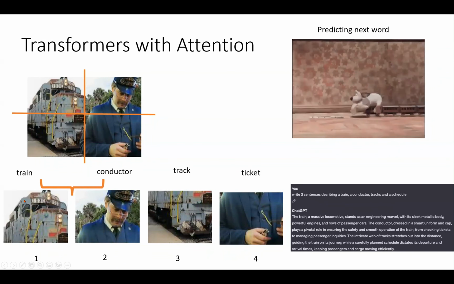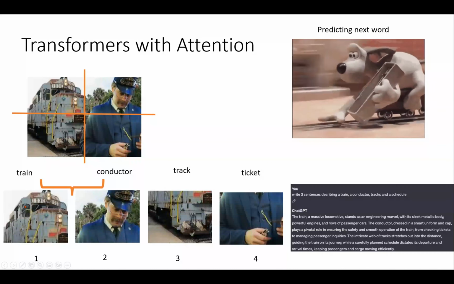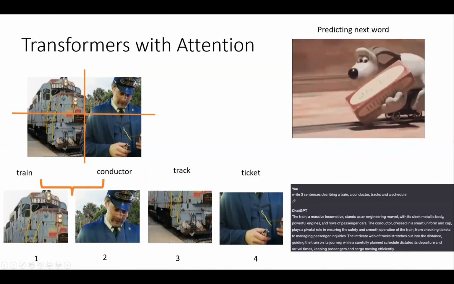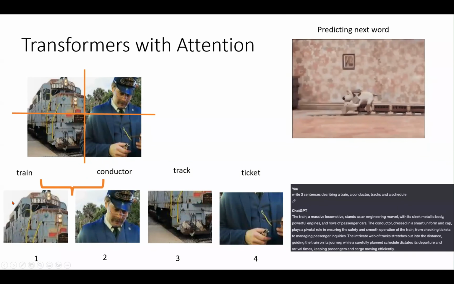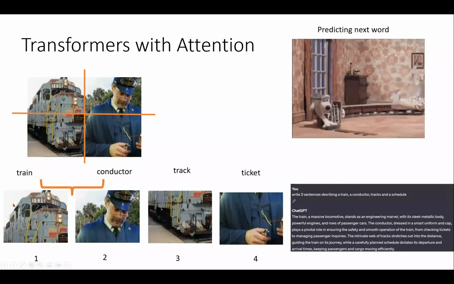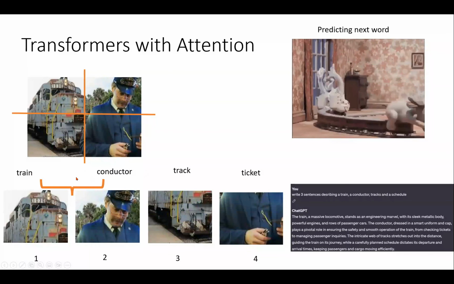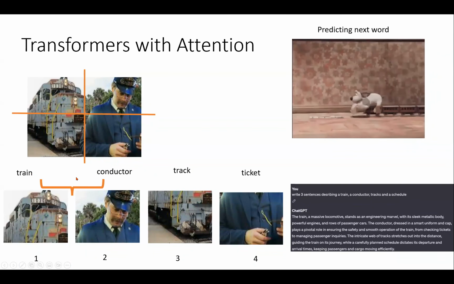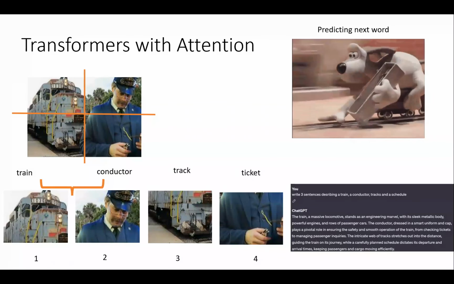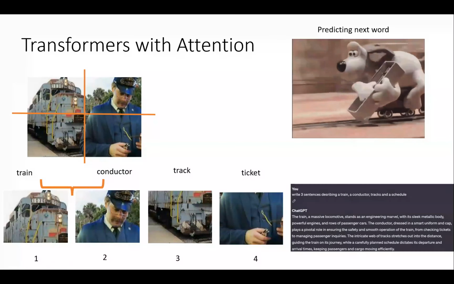If you're looking at this image, the key take-home is the train and the conductor. The track is an important part, but you can infer that from here, and the ticket also is an important part. So for the bottom half of this image, you want to build a neural network, or essentially a weight-biased equation, that emphasizes really the top half of that image.